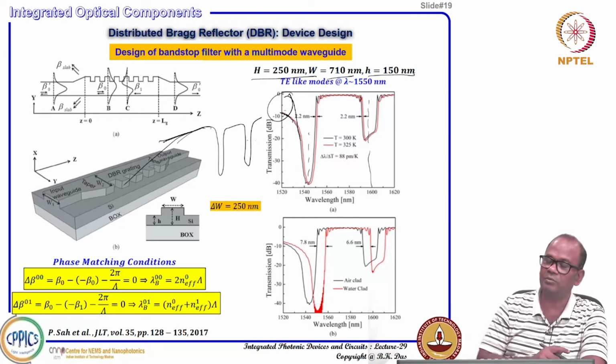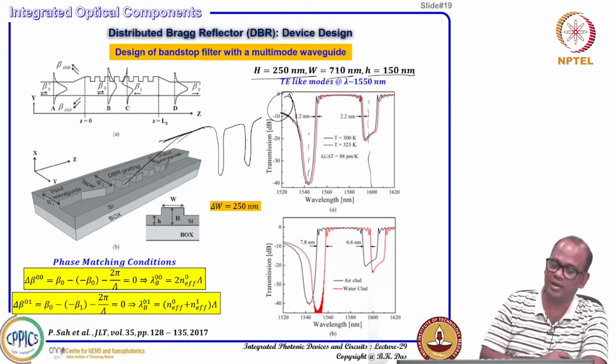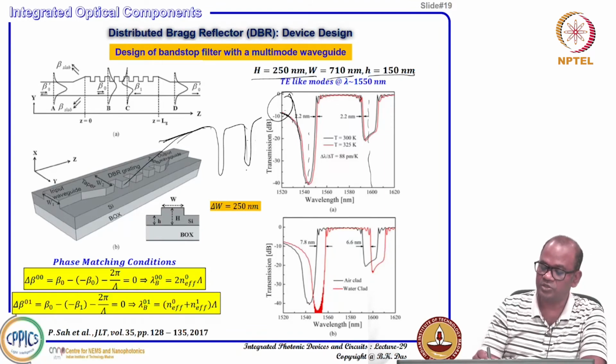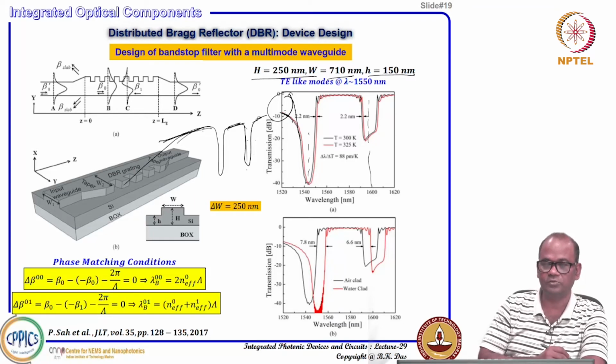So a wider waveguide helps to get very distinct stop bands with some pass band on both sides and in between also.